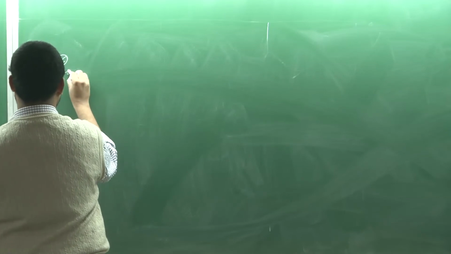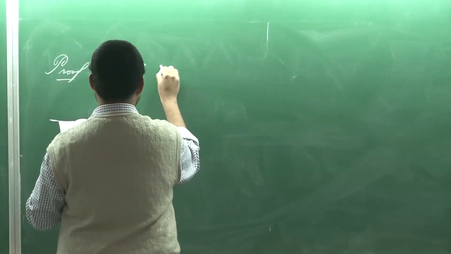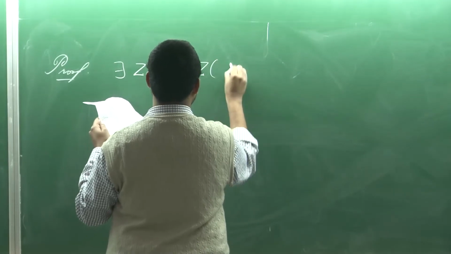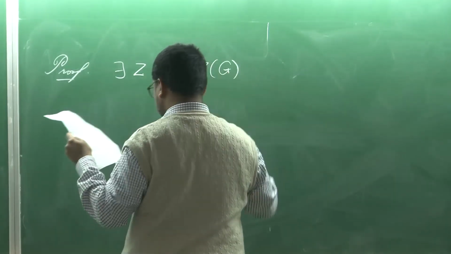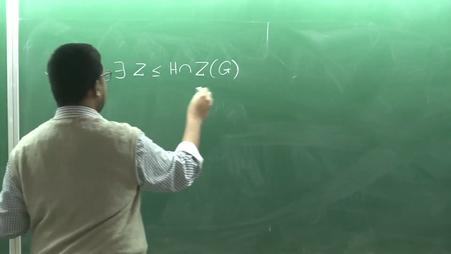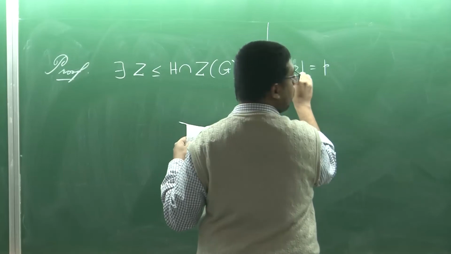So, how do we do it? Let Z be a normal subgroup of G, and Z has order P, a cyclic group of order P.